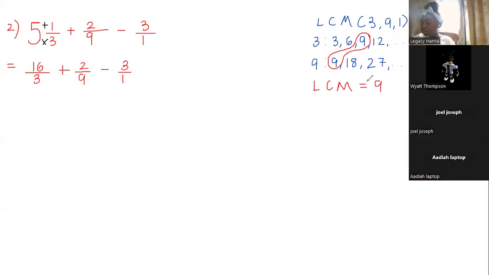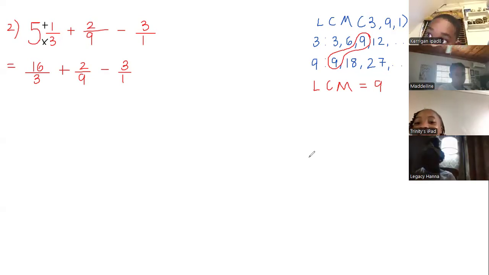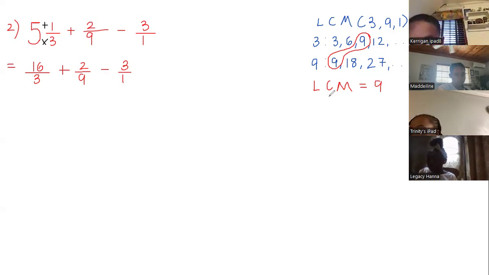Adaya, do you understand how we got 9 as the LCM? Yes, sir. What did we do to find 9 as the LCM? We write down the first four or five multiples of 3 and 9, and then the lowest common multiple we find is the LCM. Very good. Kerrigan, do you understand how we got the LCM as 9?